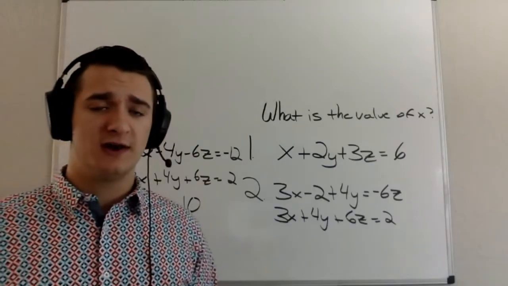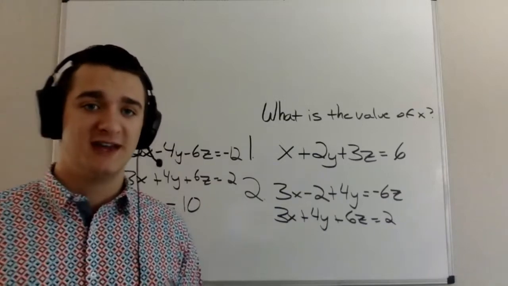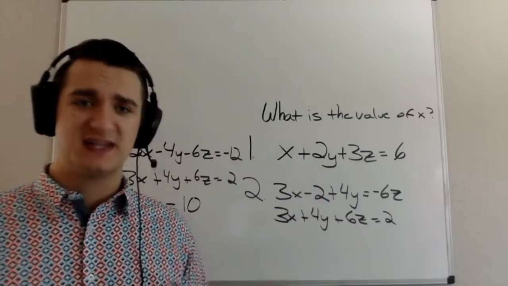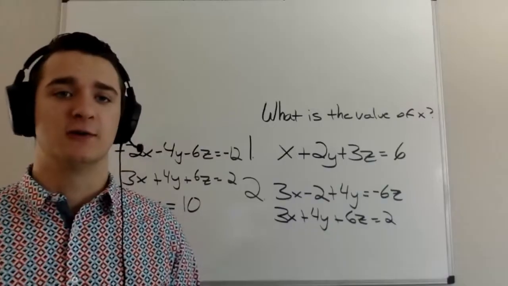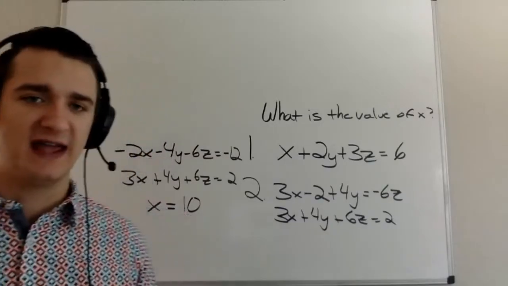Or like we saw in the previous question, they'll give you 1 equation with 2 different variables, and in that 1 equation, you'll be able to solve. So the GMAT loves to combine those basic skills that you learned in grade school and give them a little twist and see if you're able to handle that twist.